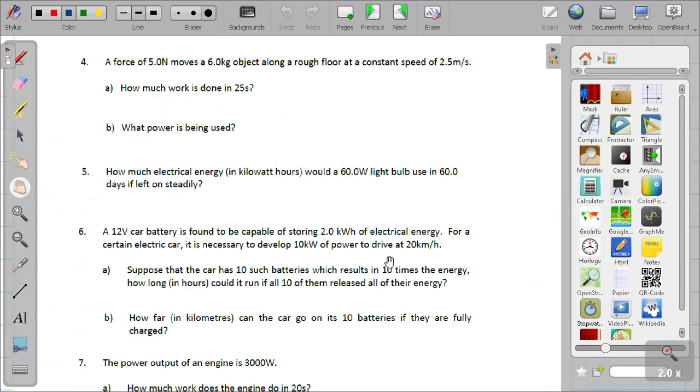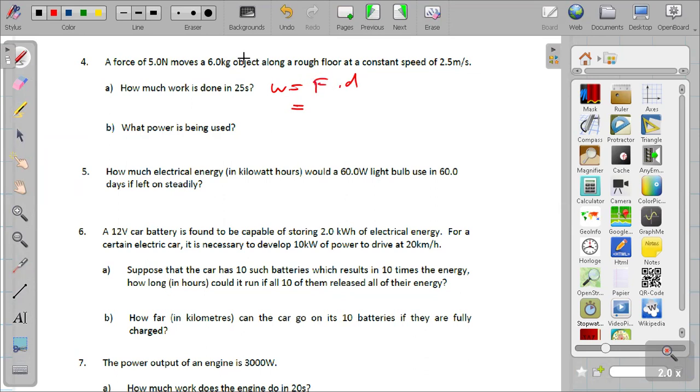A force of 5 Newton moves a 6 kilogram object along a rough floor at a constant 2.5 m/s. How much work is done in 25 seconds? Rough floor.